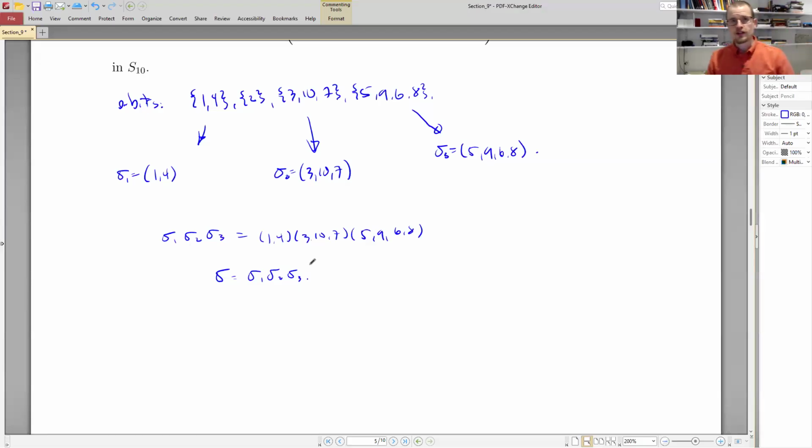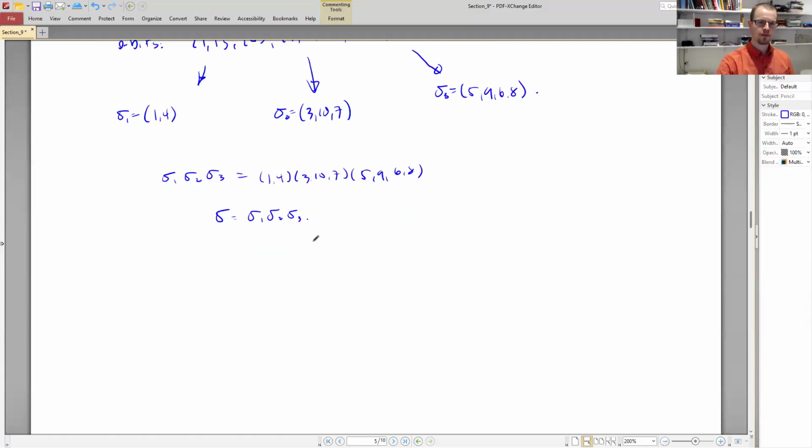Now, composition in general is not commutative. However, each of these cycles is disjoint from the others, due to the fact that they were given from the orbits, which create a partition. Therefore, they must be disjoint from one another, which is how we know we can create any permutation as a disjoint product of cycles. That's awesome.